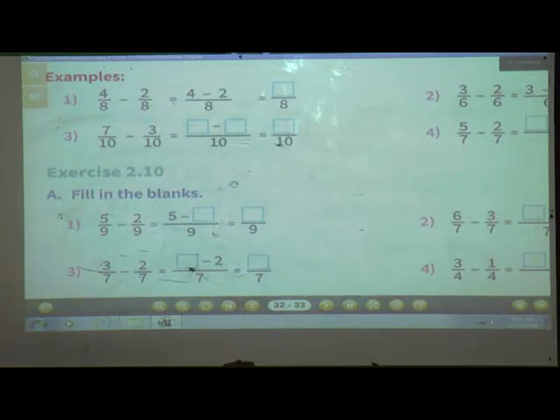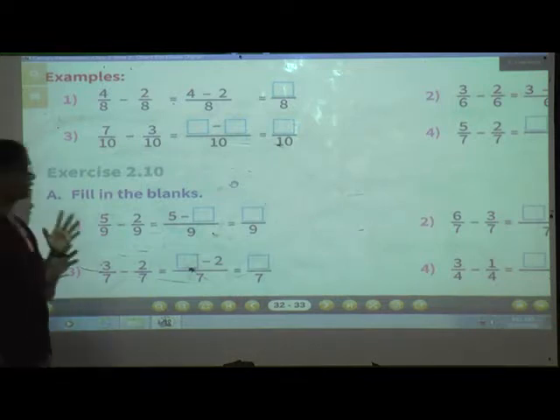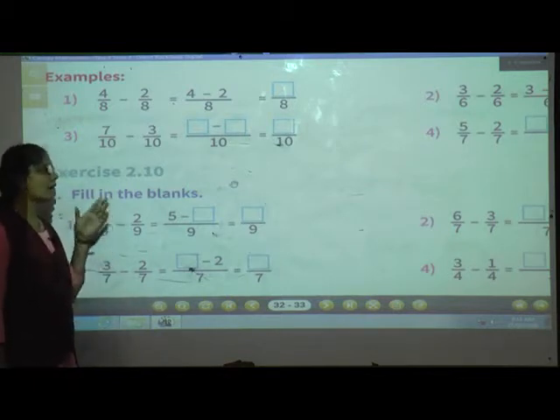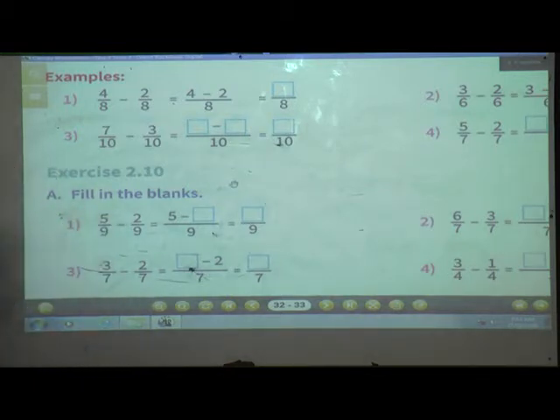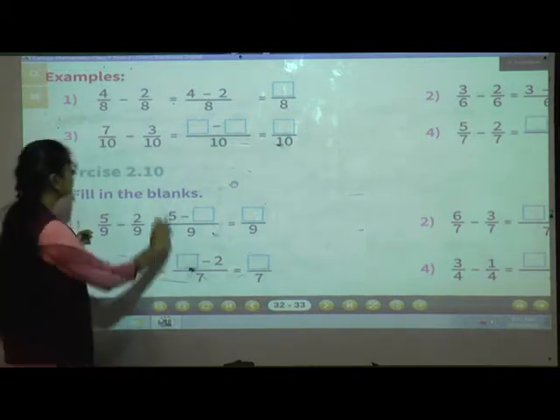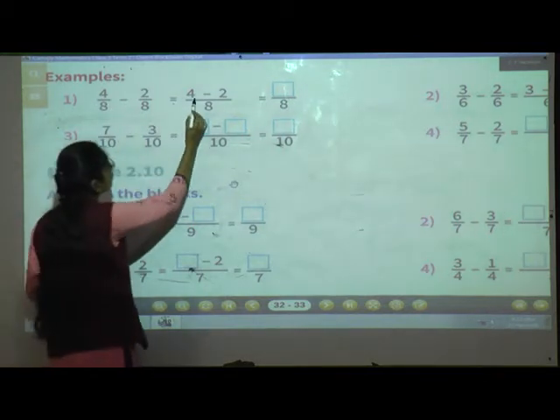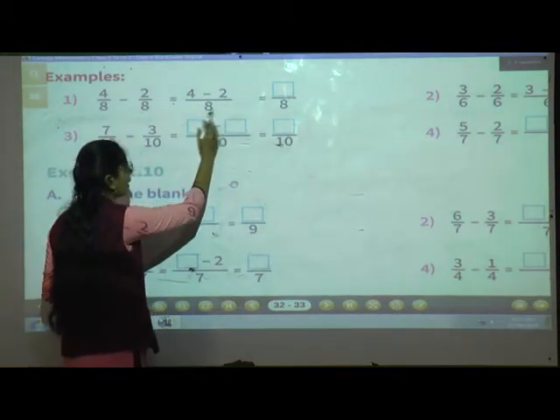So how will you do? See here, if the fractions are like fractions, then while doing the addition you have to do the addition of only numerator, and also while doing subtraction you have to do the subtraction of numerator parts only. So here 4 by 8 minus 2 by 8 is equal to 4 minus 2 by 8.